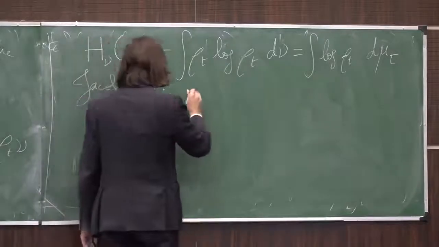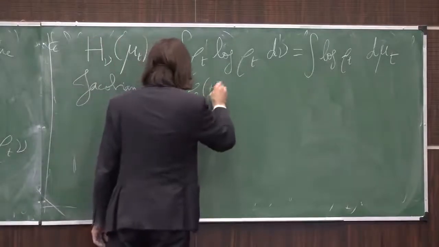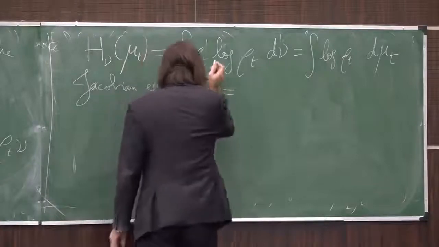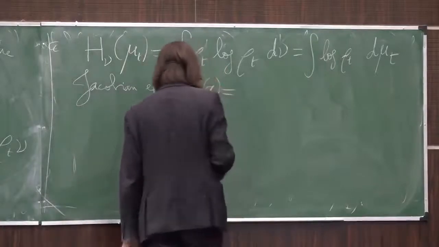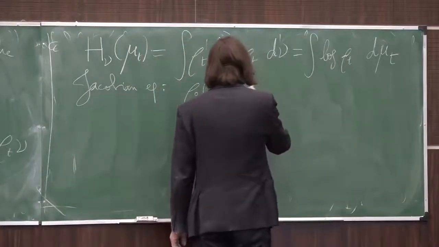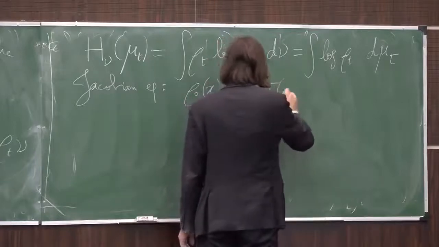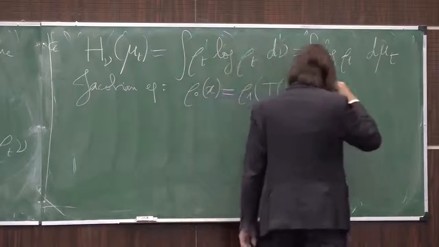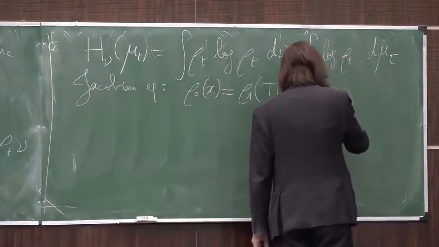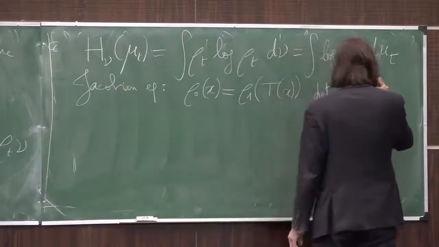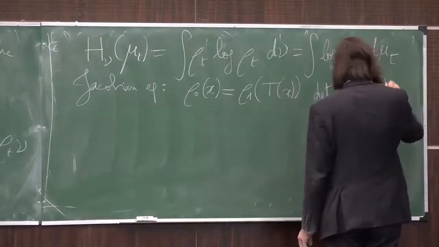It will be rho 0 of x equals rho 1 of T of x times the Jacobian determinant of T of x.